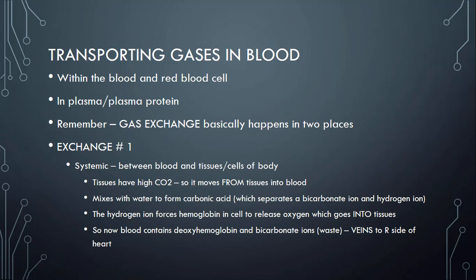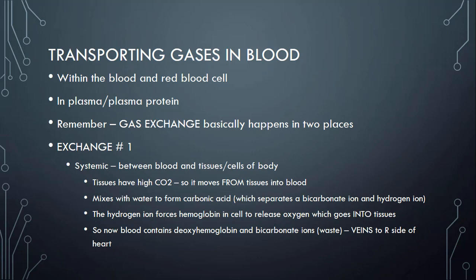The tissues have a high concentration of carbon dioxide because of cellular respiration. Remember, that's what they produce. They produce CO2, so it's high. So as the blood passes the tissues, the CO2 moves from the tissue into the blood. This is how we get rid of our waste.